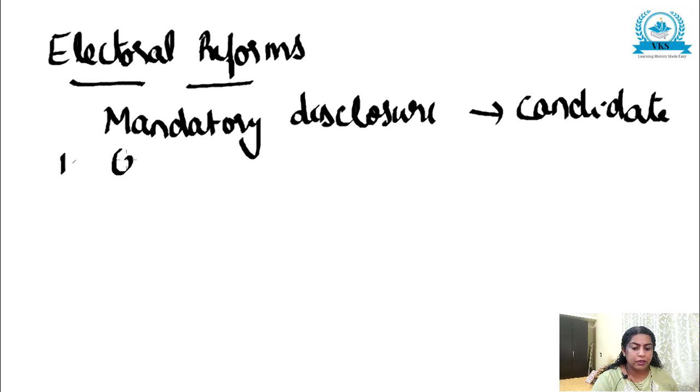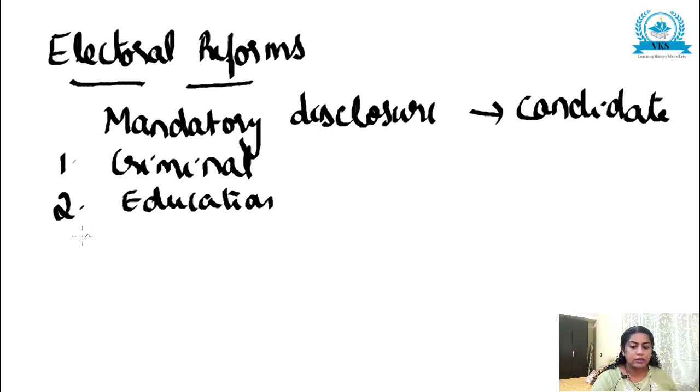First is criminal. Second is about their education. And the third one is about their property. So the three mandatory disclosures of antecedents of the candidate are criminal, education, and property.